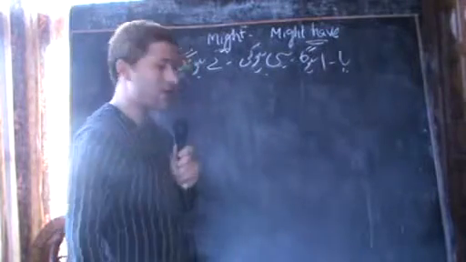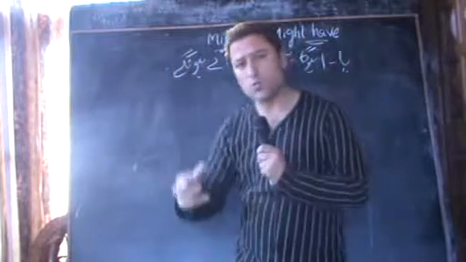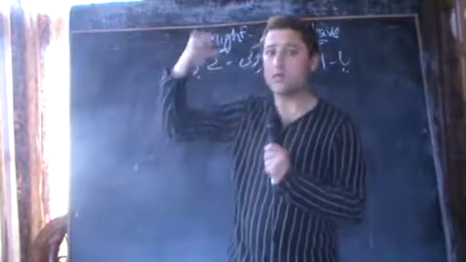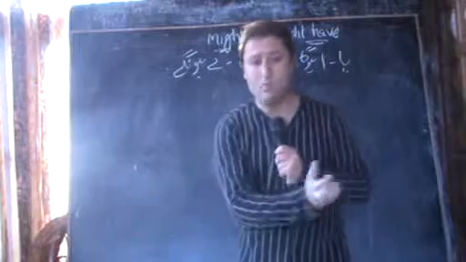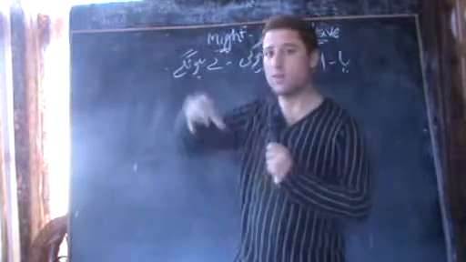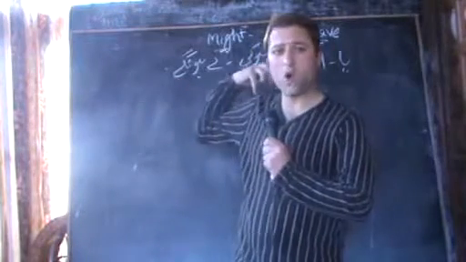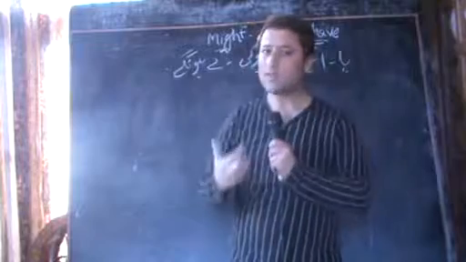But I will say that when you have situations where there was a possibility of the work in the near past or somewhere in the past, that time we use might have.